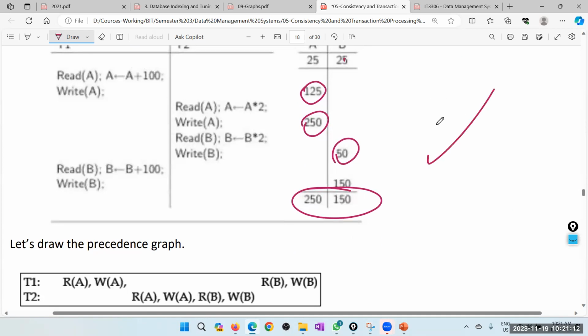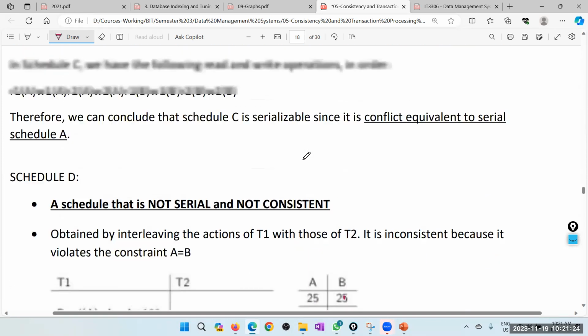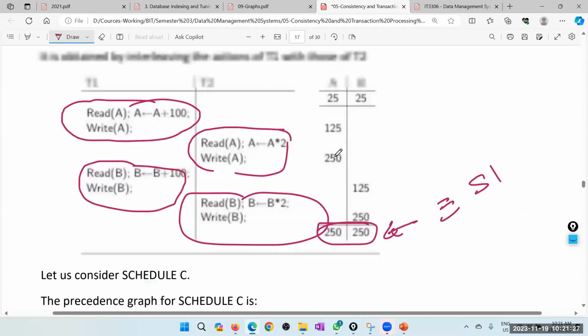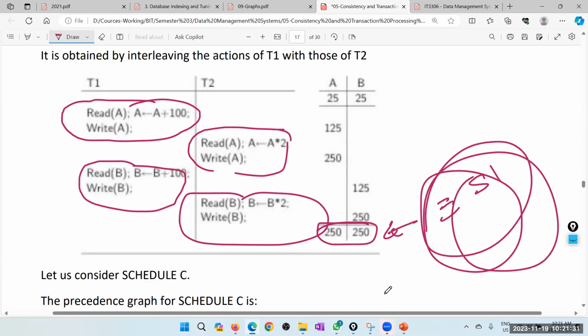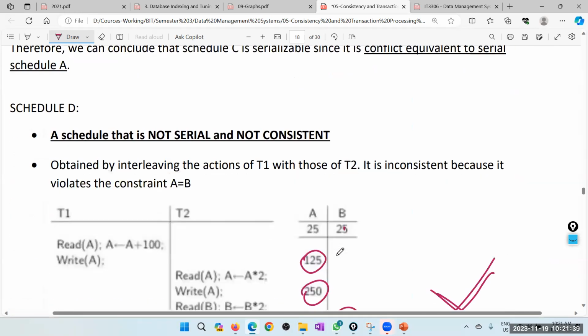Therefore, this is definitely not going to be conflict serializable, so straight away we can say this is not going to work. But for the other one we can't say 100%, but still we are positive, because the result is equivalent to one of the serial schedules, but that is not good enough. But definitely this one is not going to work.